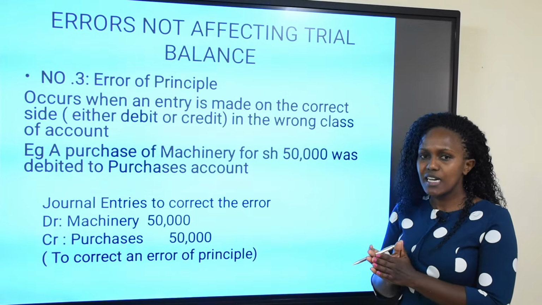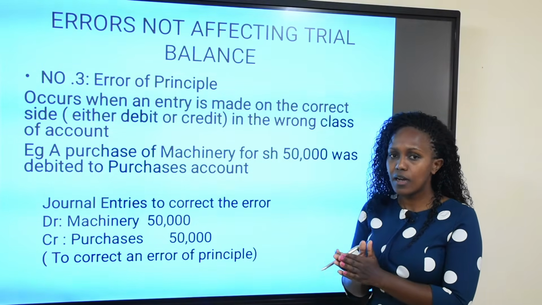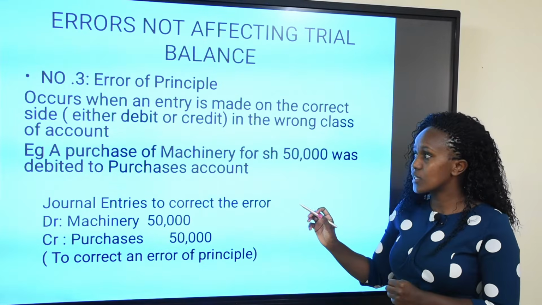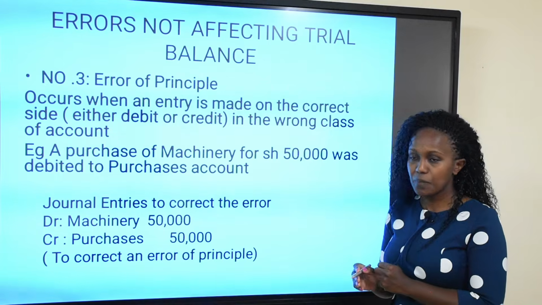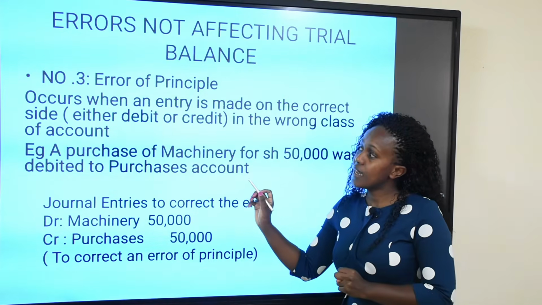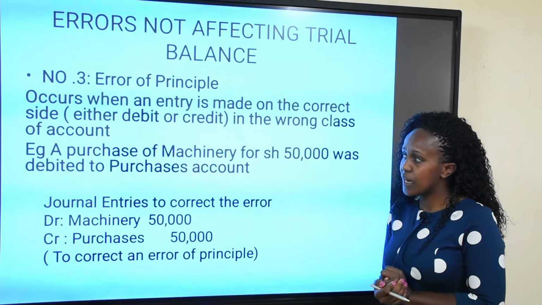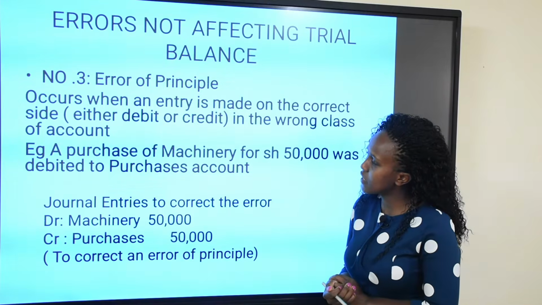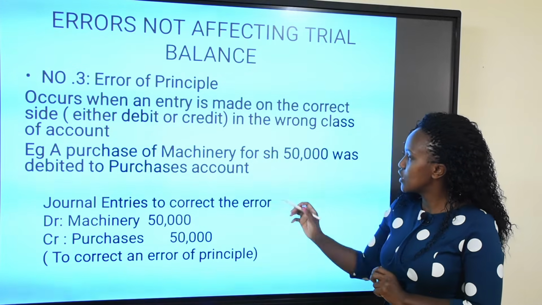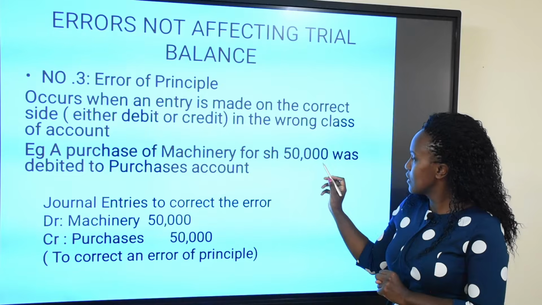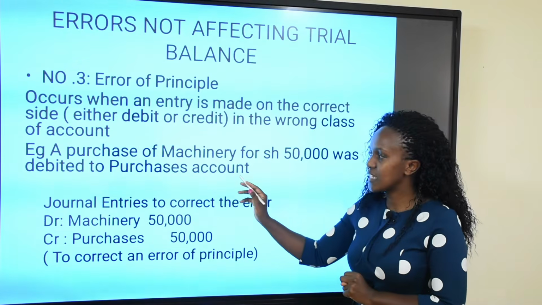So you have debited, yes, but in the wrong account, and these accounts are not of the same class. So, for an error of principle, an example we have here: a purchase of machinery for shillings 50,000 was debited to purchases account.